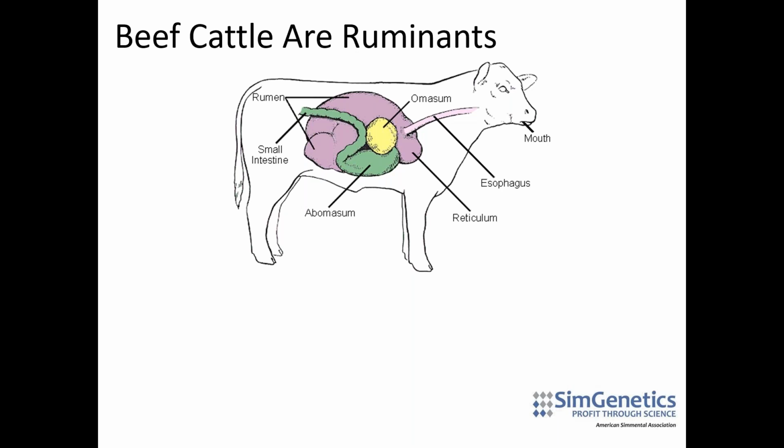So you can see we've got the esophagus coming down from the mouth, down the neck here, into a big, large rumen reticulum combination. The reticulum is the first compartment. As feed comes in, cattle are grazing and they're going to have what's called a bolus, a mouthful of feed.